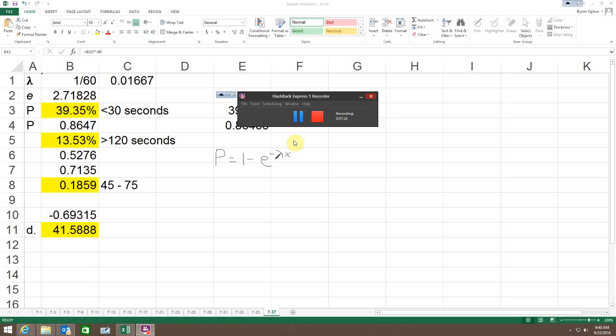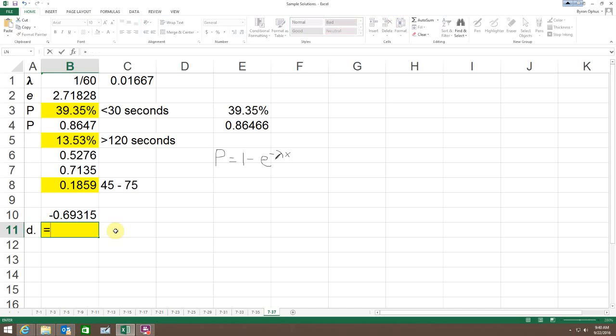Okay. Well, what can we do then to equalize both sides is we multiply each side by negative 60, right, by the mean. That should solve us for x, and so this is simply equal to our natural log times negative 60, our mean, and we come up with then a median of 41.5888.